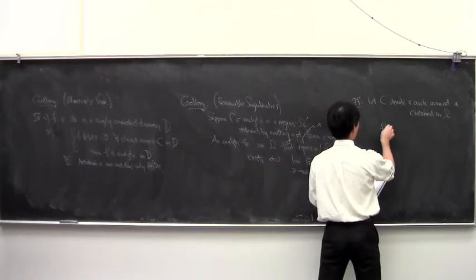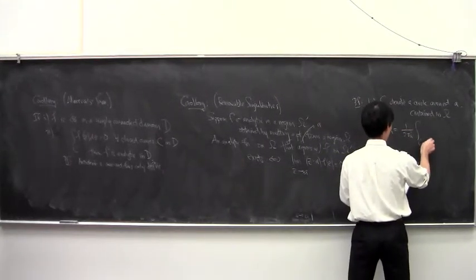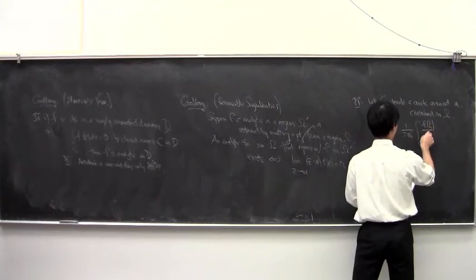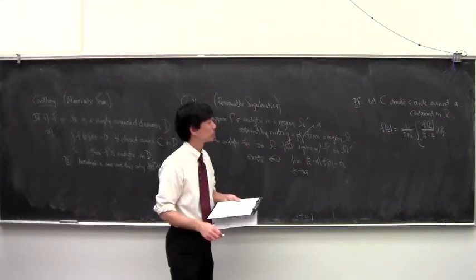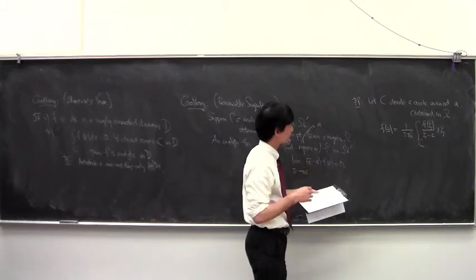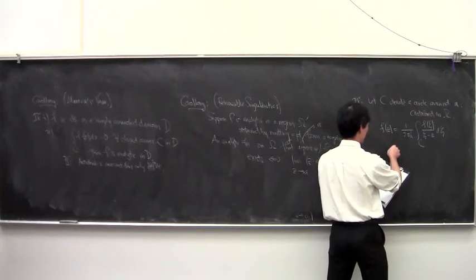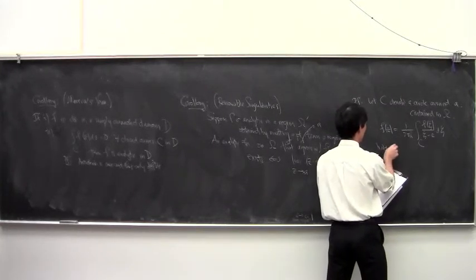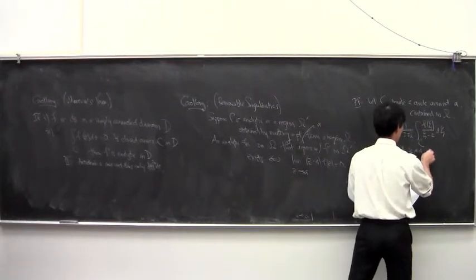Then f of z equals 1 over 2 pi i, the integral over C of f of zeta over zeta minus z d zeta. This holds for all z not equal to A inside C.